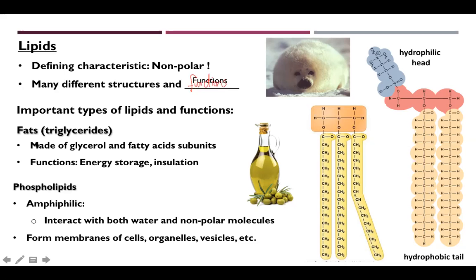With lipids, they're a little different. A polymer is repeating chains, repeating units of the same or similar unit. Well, lipids are a little different because they're not repeating the same thing.